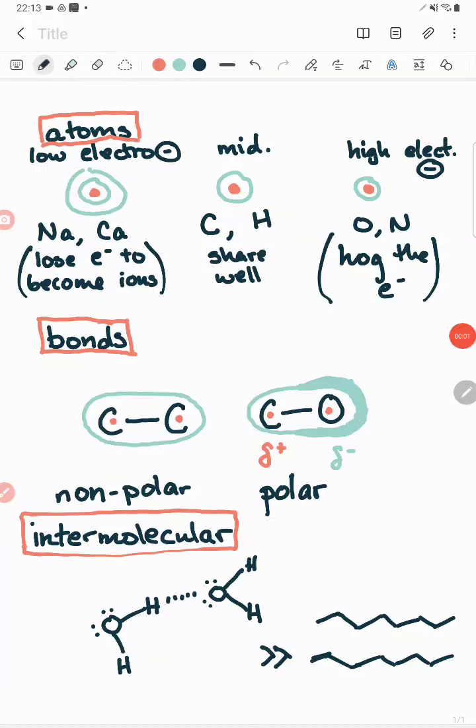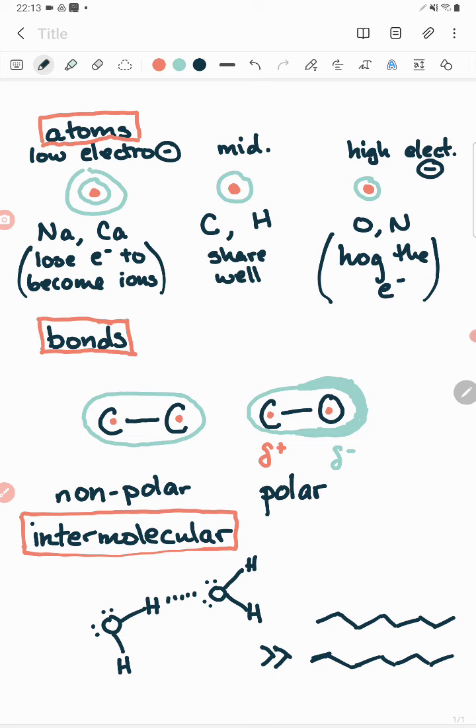When we're talking about biological systems and matter in biological systems, we need to remember only a couple of trends really to understand most of what we're going to encounter in biology. The first is understanding the trend of electronegativity in atoms.